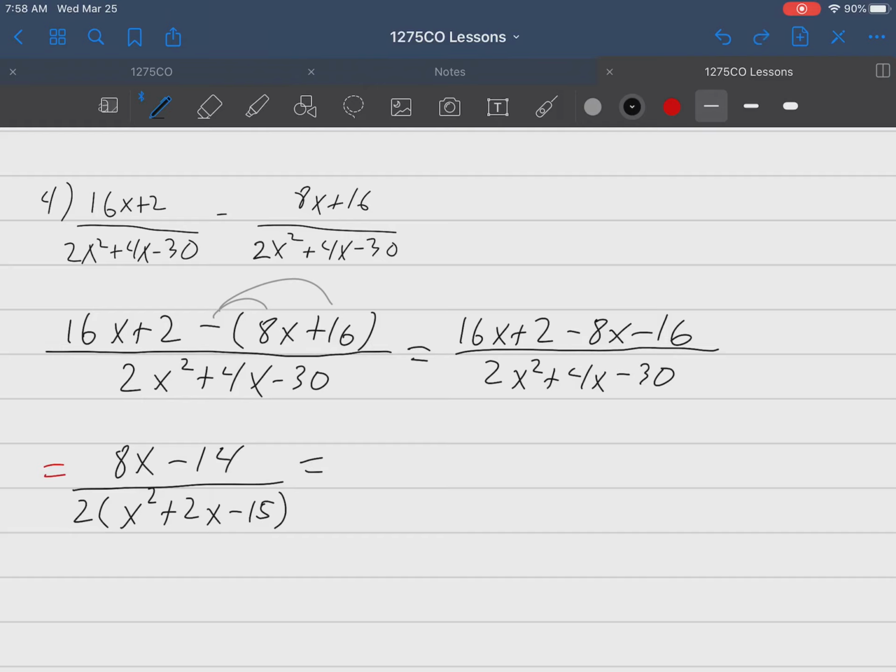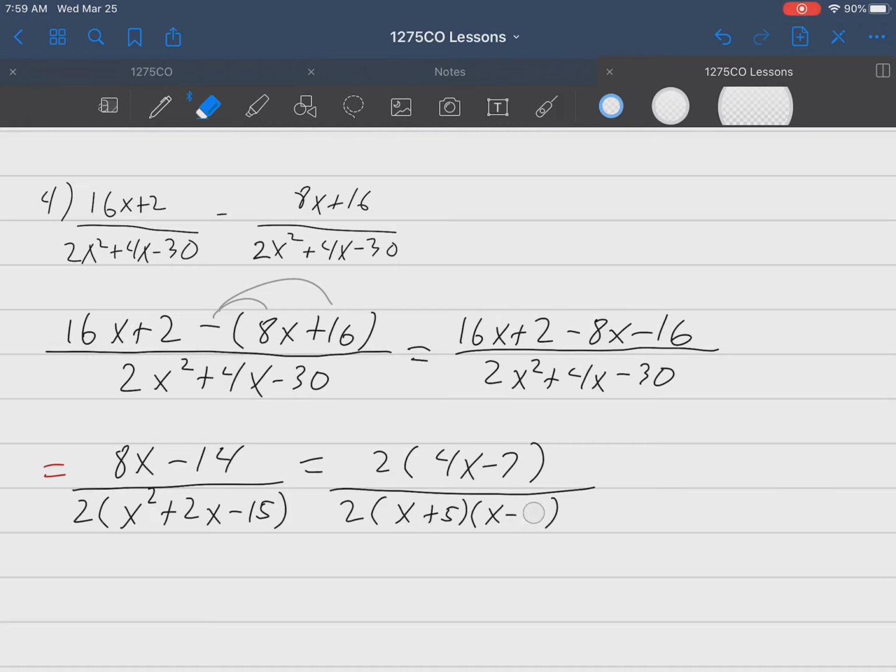So now we have more factoring to do. Greatest common factor up top is going to be 2, so 2 times 4x minus 7. And in the denominator, x squared plus 2x minus 15 should factor. X plus 5 and x minus 3.